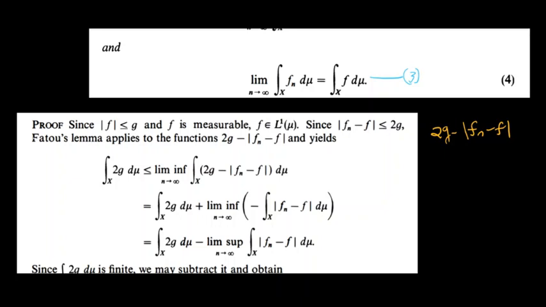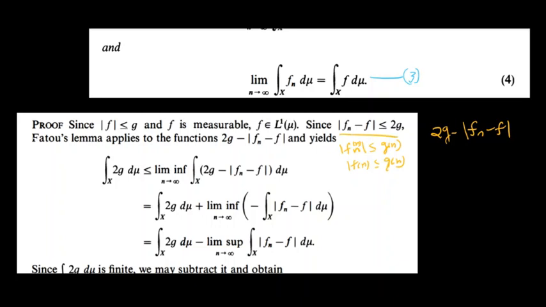Then this is a sequence of measurable functions. We have |f_n(x)| less than or equal to g(x), and also |f(x)| less than or equal to g(x).